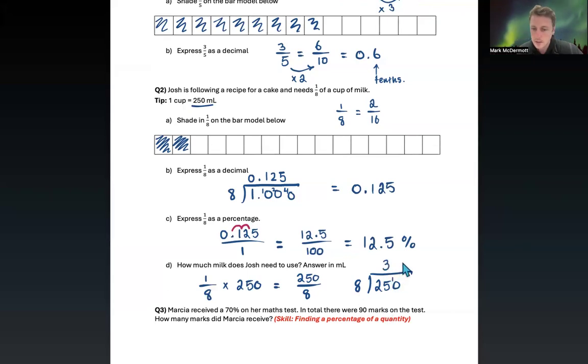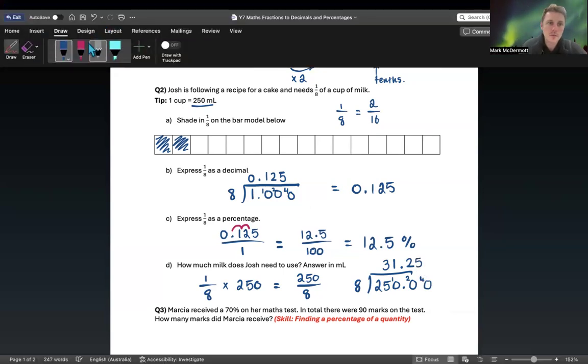8 goes into 10 once, with remainder 2. So we now go into the tenths column, and we've got to make sure our decimals line up. So decimal there. 8 into 20 goes 2 times, remainder 4. So 31.25.